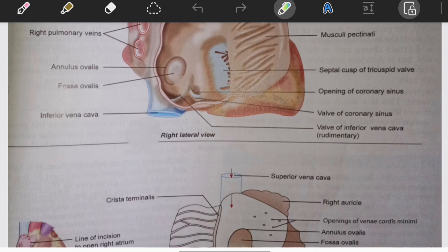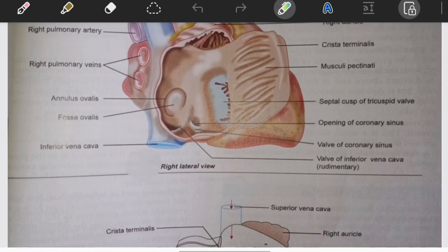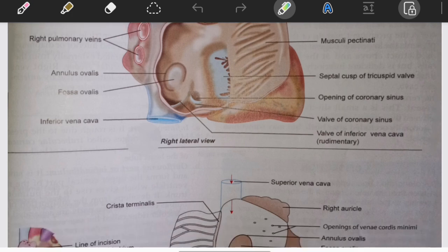Patent foramen ovale. Normally the foramen ovale closes soon after birth, but sometimes it remains partially open, and this condition is called patent foramen ovale, PFO. Instead of complete closure, a small slit-like opening persists between the upper part of the fossa ovalis and its limbus. Many people with a small PFO have no symptoms.